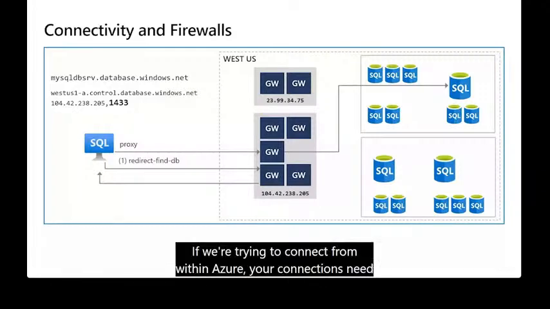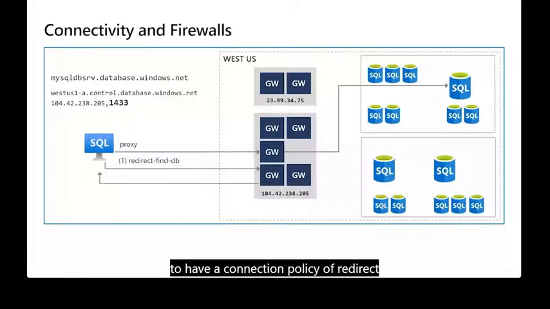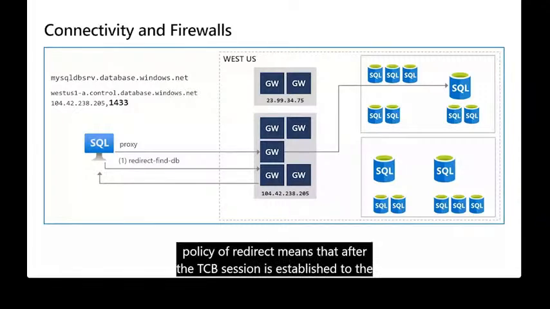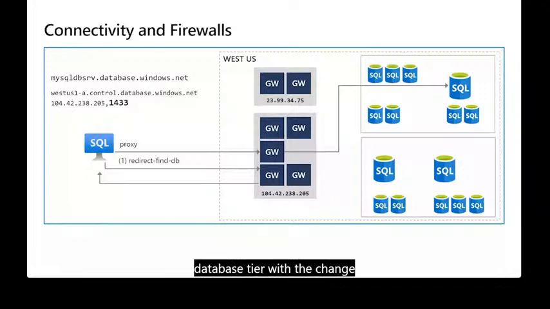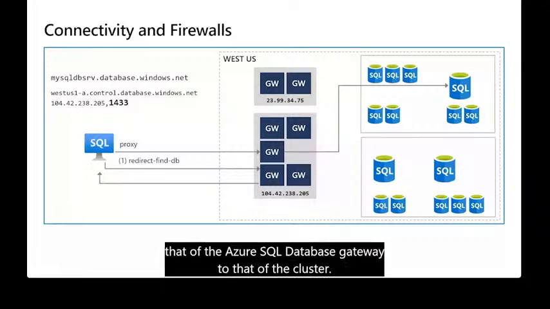If we're trying to connect from within Azure, your connections will have a connection policy of redirect by default. So a policy of redirect means that after the TCP session is established to the Azure SQL database, the client session is then redirected to the right database tier with a change to the destination virtual IP from that of the Azure SQL database gateway to that of the cluster.